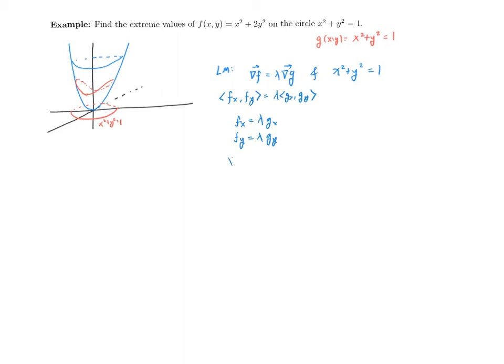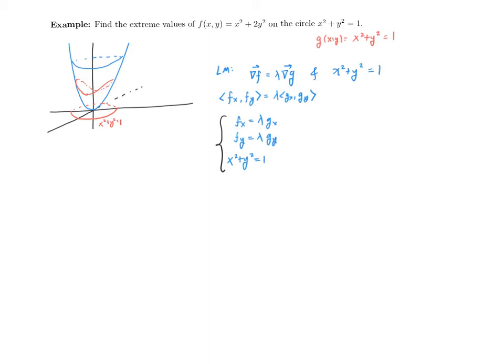And then we have the constraint equation x squared plus y squared equals 1, which will give us 3 equations and 3 unknowns. And in future problems, I'll probably just jump immediately to these equations, but it's worth seeing a few of these generic computations to make sure we understand where these partials come from.